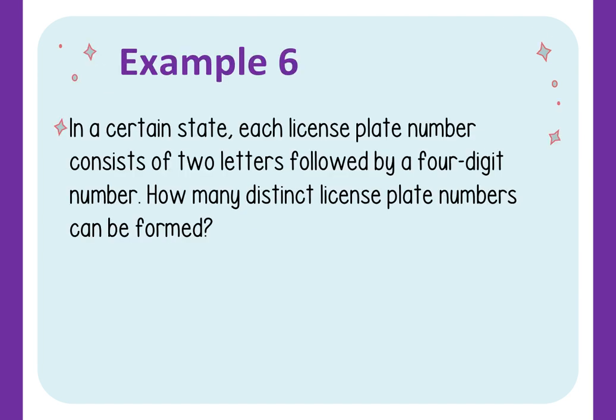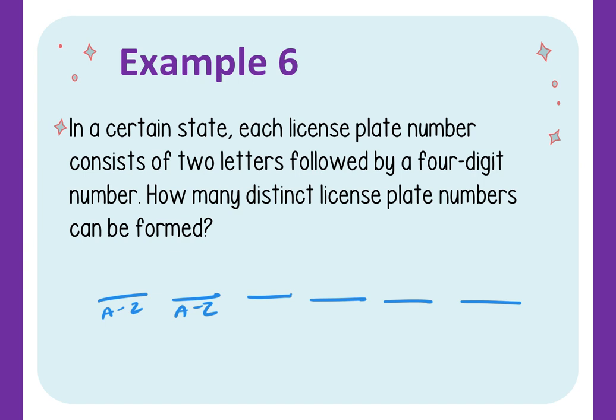All right, example 6. In a certain state, each license plate number consists of 2 letters followed by a 4-digit number. How many distinct license plate numbers can be formed? So I do the same thing. Set up your digits and letters. There are 2 that are letters, A to Z and A to Z. And there are 4 that are a single digit number.